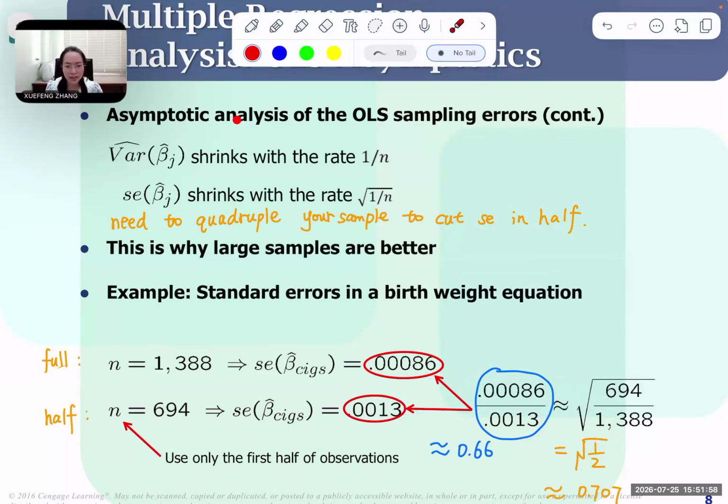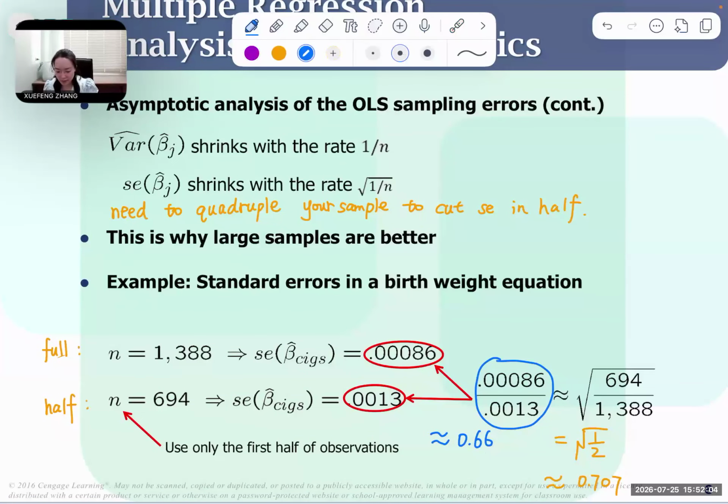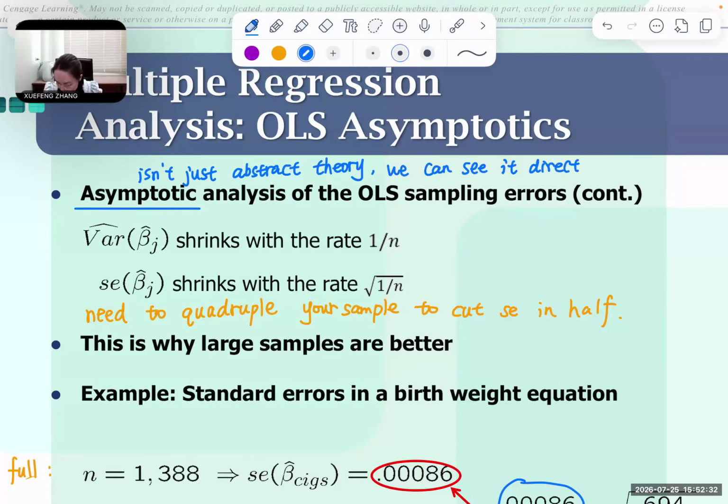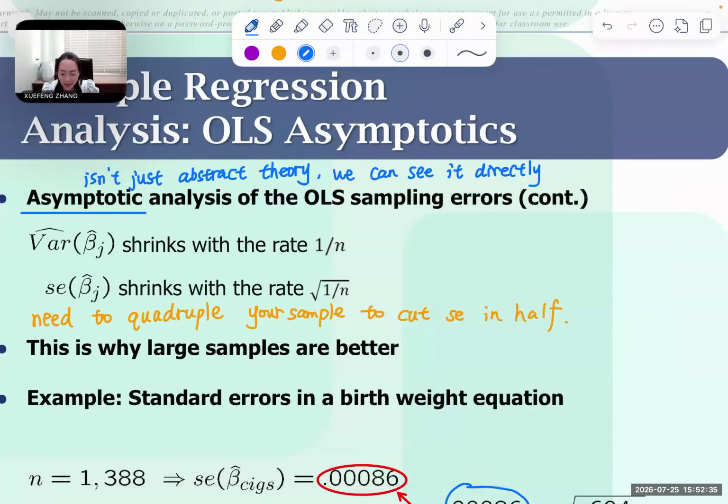You can see it directly in real standard errors. Let me finish it by writing: asymptotics isn't just abstract theory, we can see it directly in real standard errors.